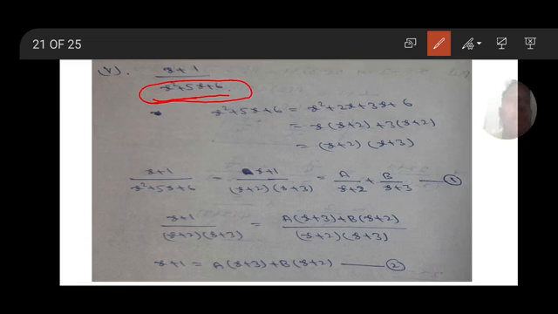But here, if you factorize it, x square plus 5x plus 6 can be factored as x square plus 2x plus 3x plus 6. 5 can be written as 2 plus 3, and 2 into 3 means we get 6. So 6 can be written as 2 into 3, and 5x can be written as 2x plus 3x. We have to express that.